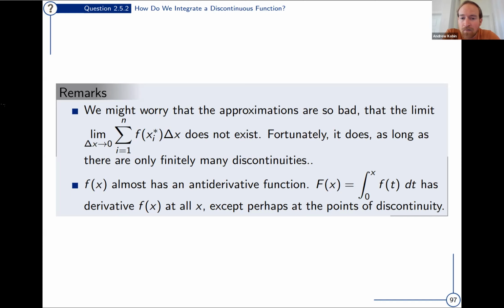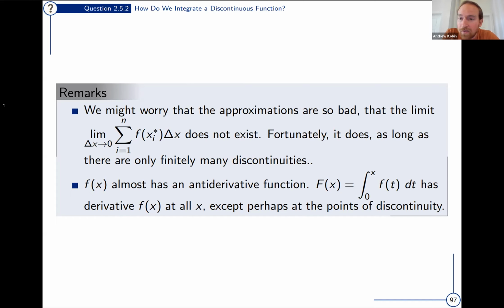Well, if we set capital F to be the definite integral from 0 to the input value x of f of t dt, this is actually, by the first part of the fundamental theorem, the surefire way to get an antiderivative of any function. Capital F here is an antiderivative of little f, except capital F of x may not have a derivative everywhere, because at certain points of discontinuity, the integral may not be defined, or the integral may be defined, but little f may not be defined or may have a jump or something else.